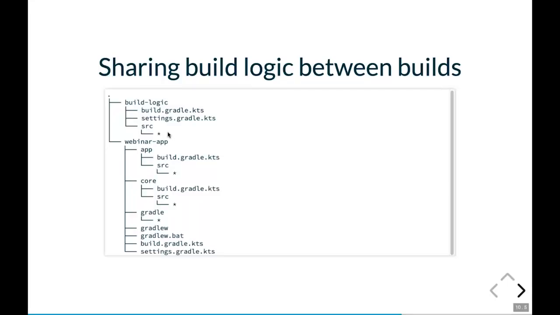So the solution to that is to go one level up. As they say, any problem in computer science can be solved by another level of indirection. And I guess sharing build logic can be solved by just going one level up. So in this structure, we basically have the same structure we had before, except that what we had here as buildSrc has been extracted up as a sibling of my build.